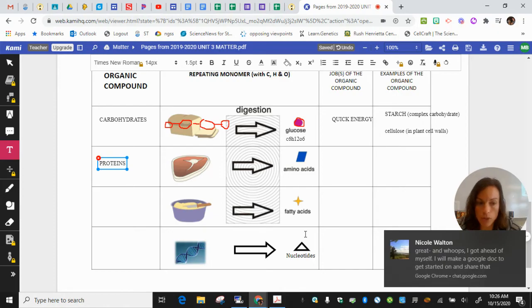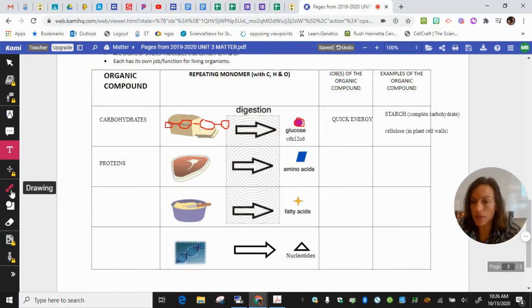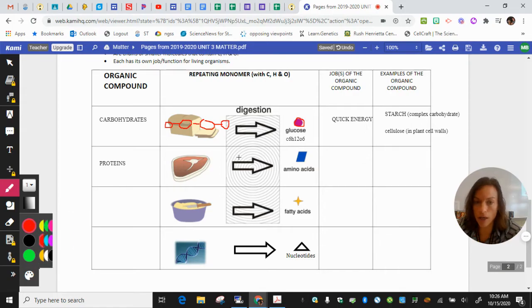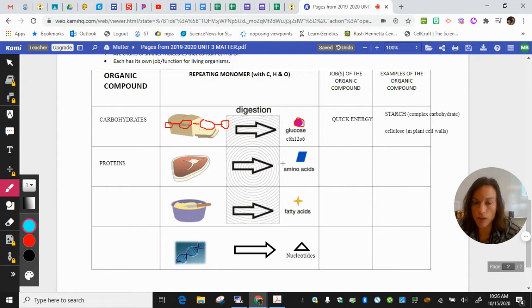You get proteins when you eat meat and other kinds of chicken and poultry and beans, okay? When you eat these proteins, you're literally eating the proteins from another plant or animal. So in this case, you don't have a chain of glucose molecules, but you'll have a chain of, let's see if I can find some blue here. You'll have a chain of amino acids.